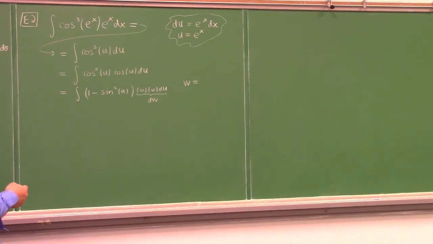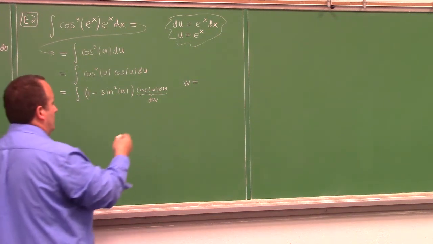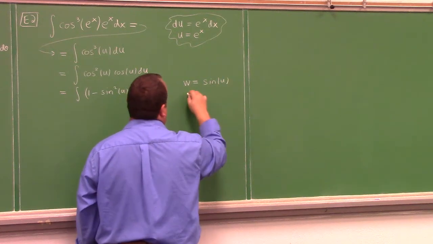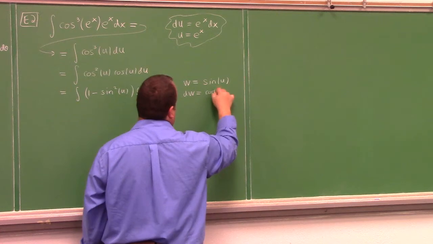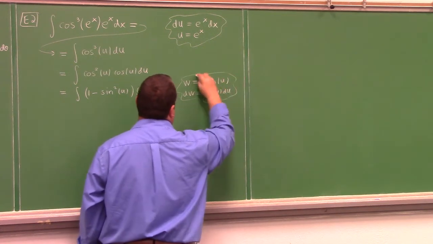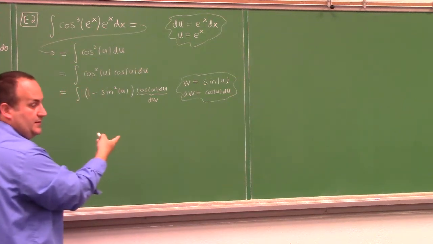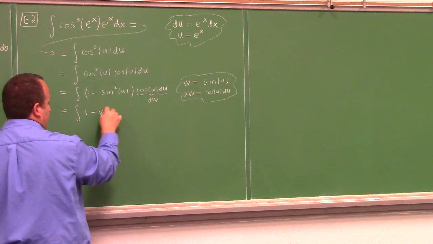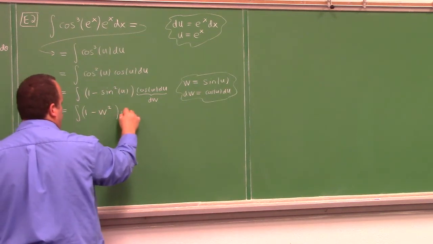What if we put w equal to sine of u? I think that would work, because then dw, the derivative, is cosine u du. There we go. Now we've got the integral of 1 minus w squared dw.